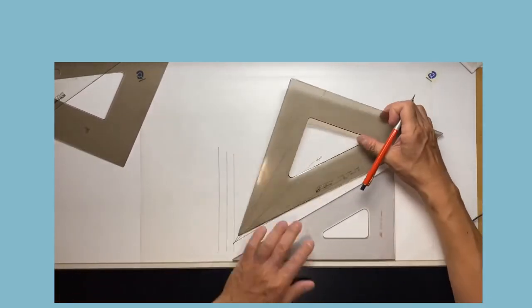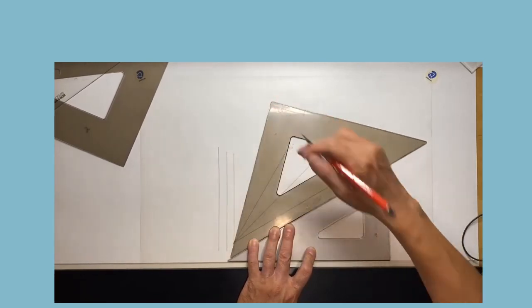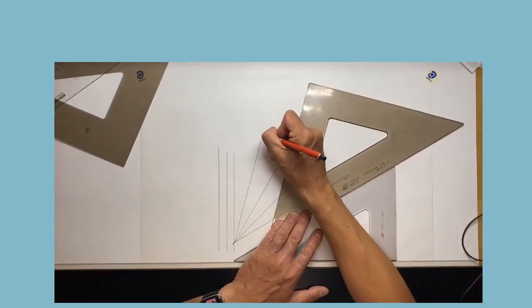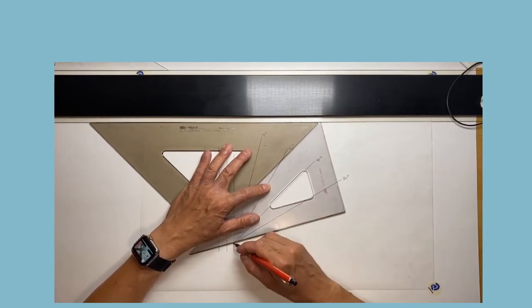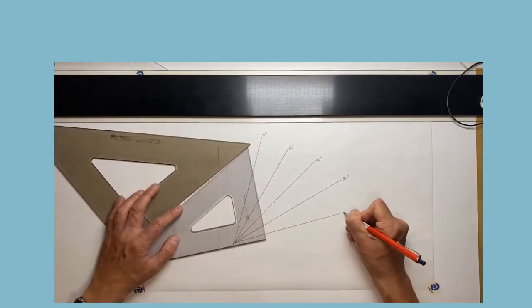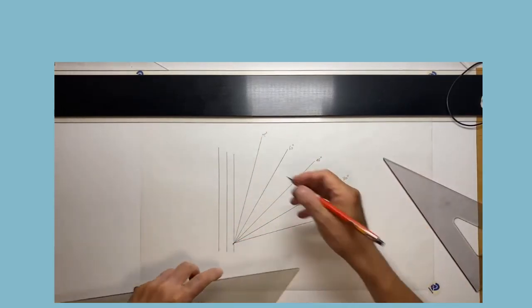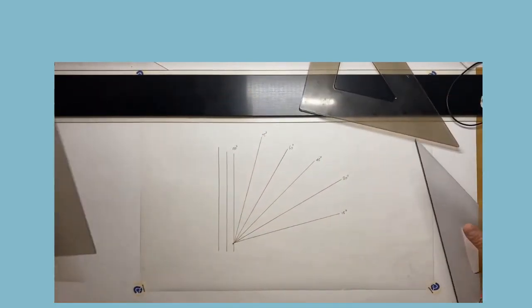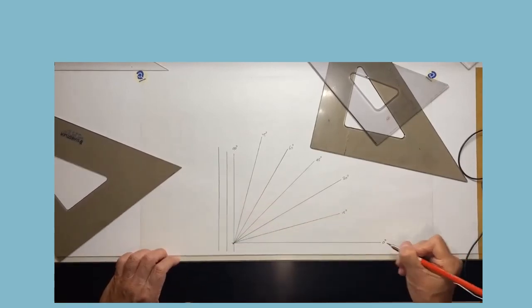So for example, this line, 30 plus 45, you get 75. This is 15. So you kind of cover this range here. And this is 0, obviously.